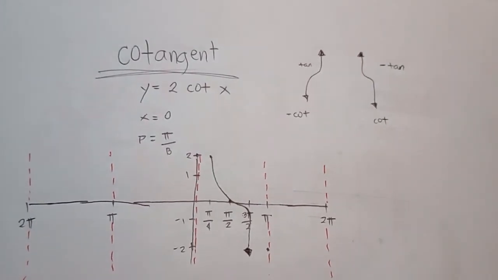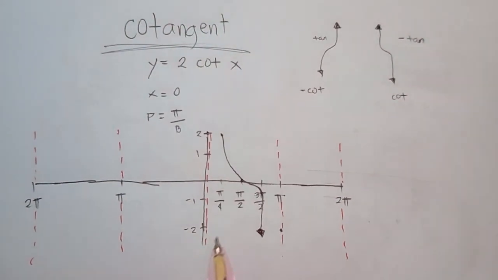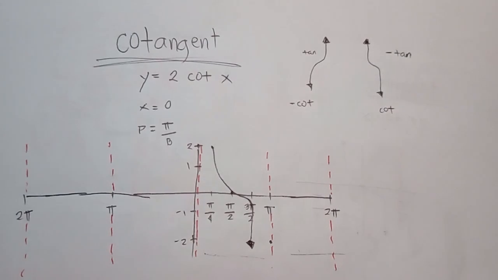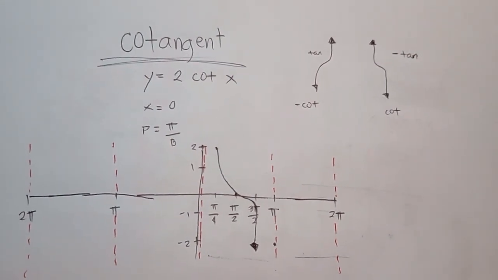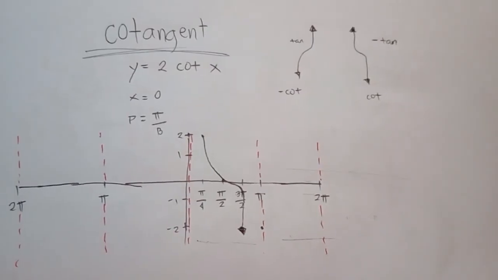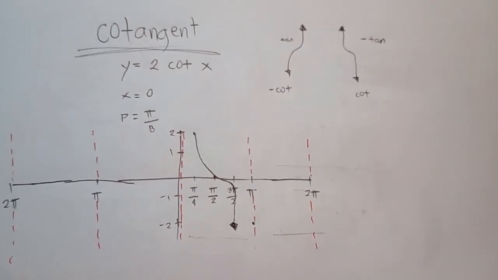As you can see, the distance between the vertical asymptotes is not one period, but it's half the period, so just keep in mind the little difference.